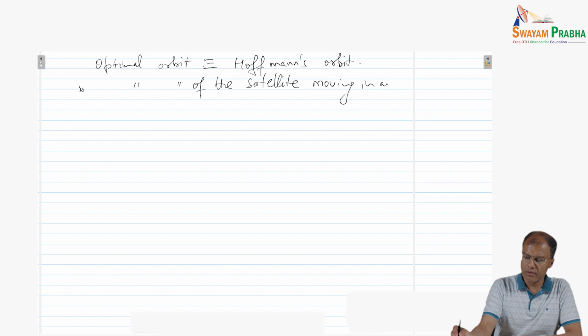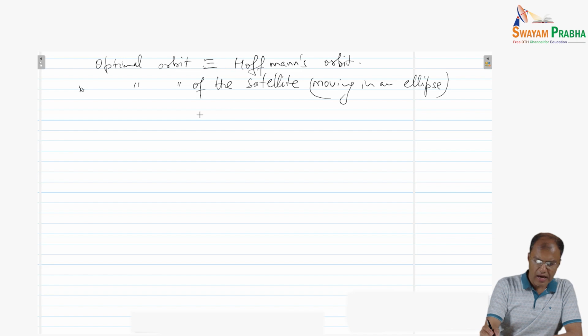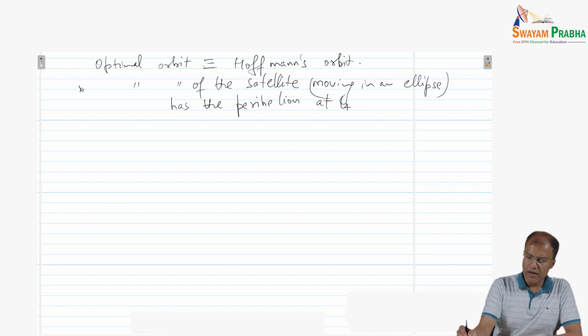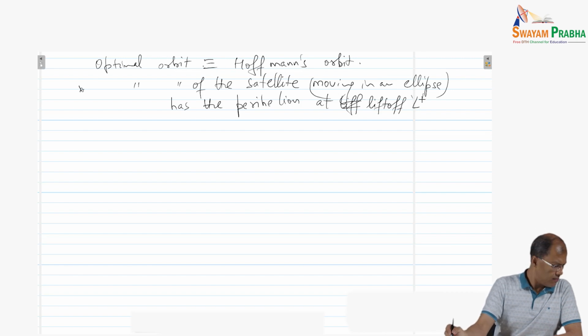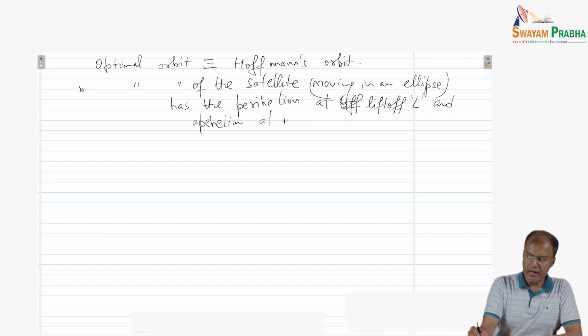Moving in an ellipse that has the perihelion at liftoff L, and aphelion at meeting point R.